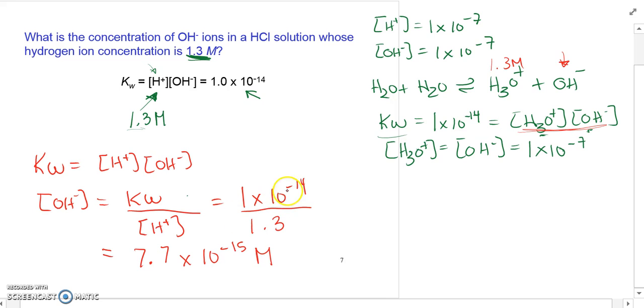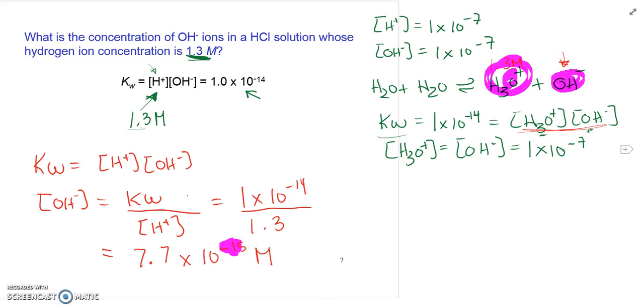So you can see that if you increase the concentration of H plus to 1.3 molar, then the OH minus concentration has to decrease, and it has. There's still a little bit of OH minus in an acidic solution, but it's significantly less than the concentration of H plus.